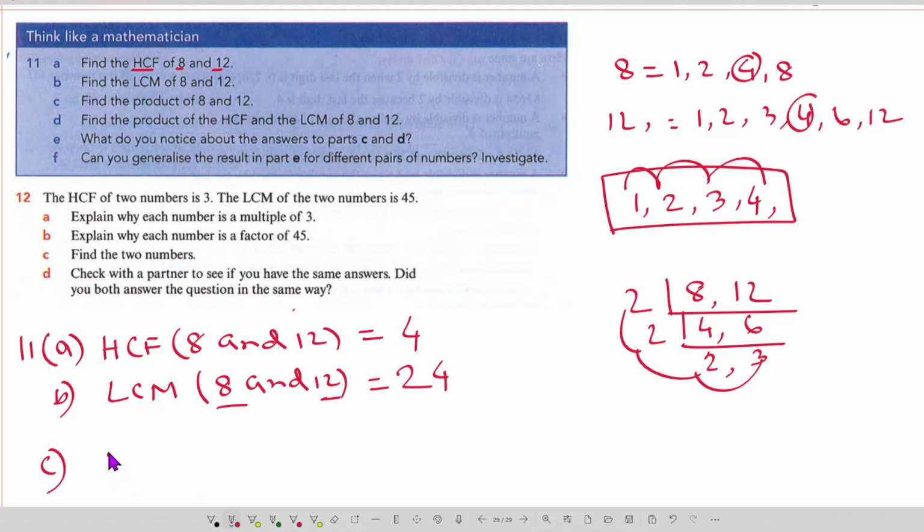Number C, find the product of 8 and 12. So product, 8 times 12 equals 96, right? So A, B, C done. Number D, find the product of HCF and the LCM of 8 and 12. So look, the product of HCF and LCM also becomes 96.